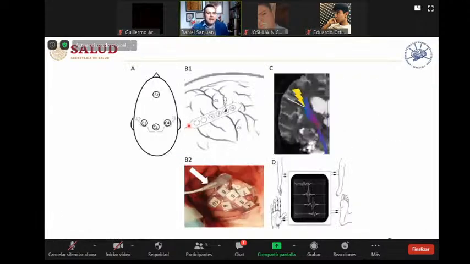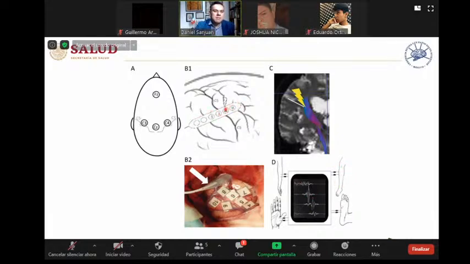So in this graph, it's possible to see that using the same strip, after the identification of the central sulcus using the somatosensory evoked potential, now we can apply directly the electrical stimulus and then induce, in the opposite side, of course, using this theoretical knowledge or visually seeing if the patient has this tractography, an evoked potential recorded from the muscle in the opposite side. So the same strip is possible to use for both.